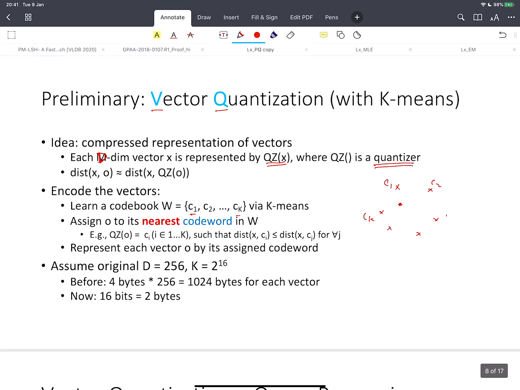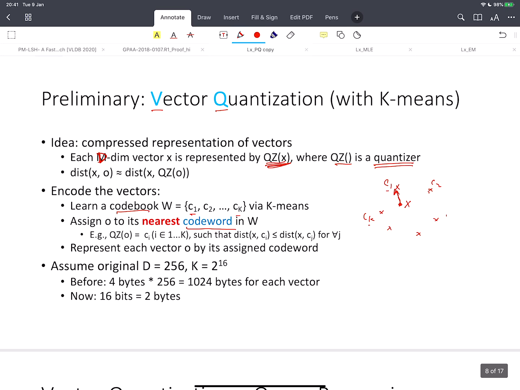And whenever you have a new x, you actually are going to use the most similar code word. By the way, this is called code book, and each one is actually called code word. So you are going to use the nearest code word to represent this x. Okay, this whole process is called quantization of this vector x, you can think about this as a function.